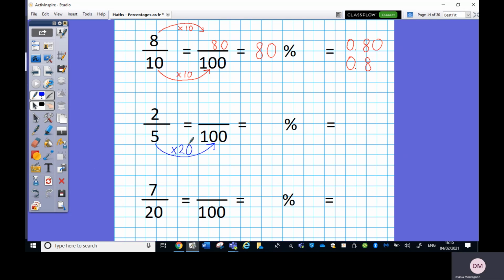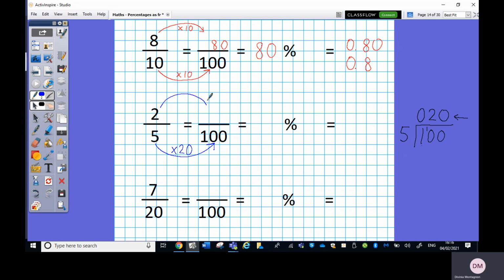And if you find that a little bit tricky, then one thing that you can do is to divide 100 by the denominator, which is 5. 1 divided by 5 equals 0, so I'm going to regroup. 10 divided by 5 equals 2. 0 divided by 5 equals 0. Okay, in case you find that a little bit tricky. So 5 times 20 equals 100.